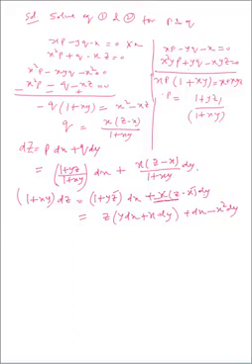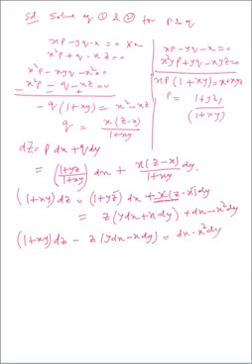So now we take z terms on one side and rest of the terms on another. 1 plus xy dz minus z, y dx plus x dy is equal to dx minus x square dy. So this is the differentiation of xy. So 1 plus xy dz minus z d of xy is equal to dx minus x square dy.